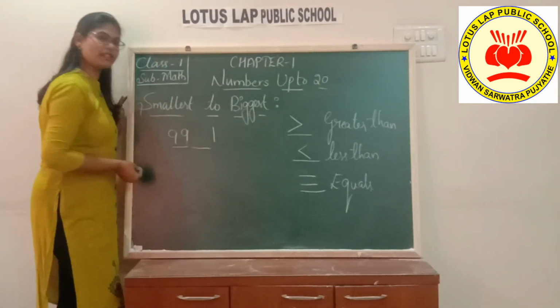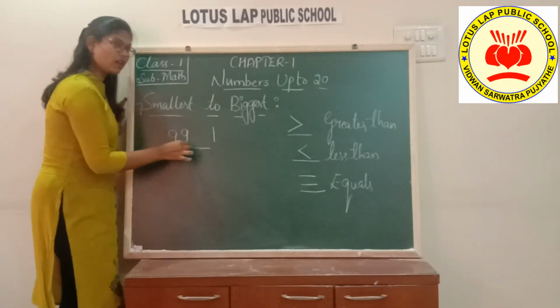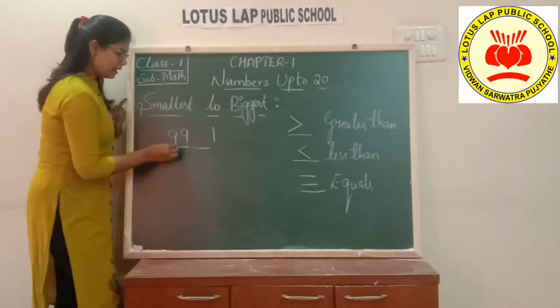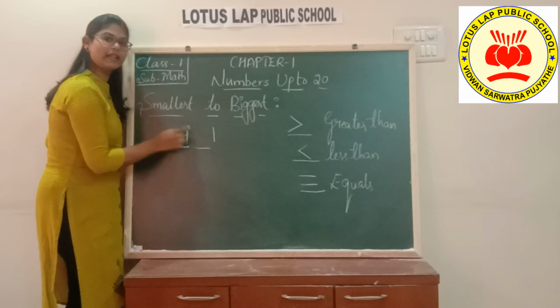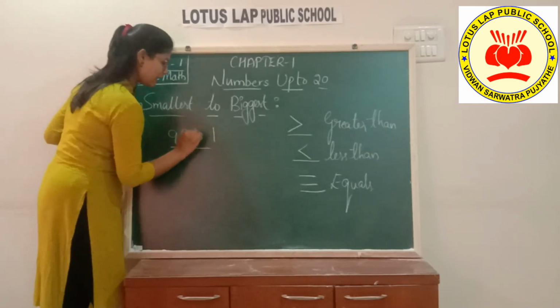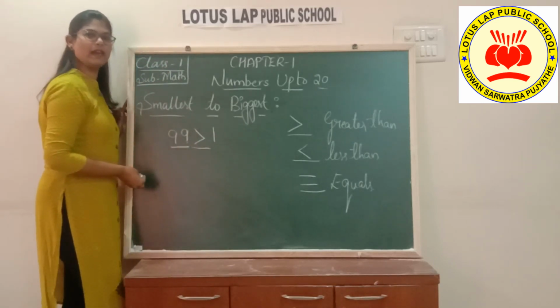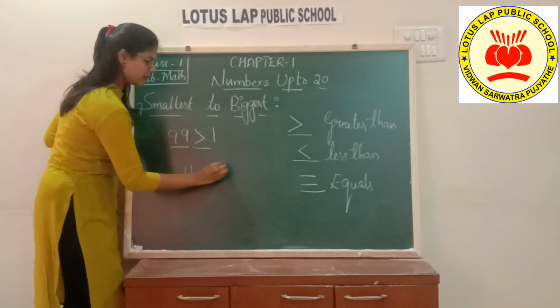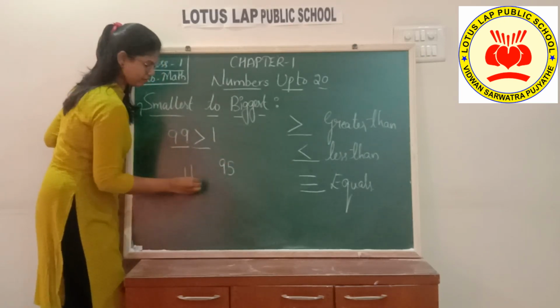Here first you have to see whether it is the greatest number or a smallest number. Then you have to put the symbol. 99, first the number 99 is the greatest one. So we have to take greater than symbol.